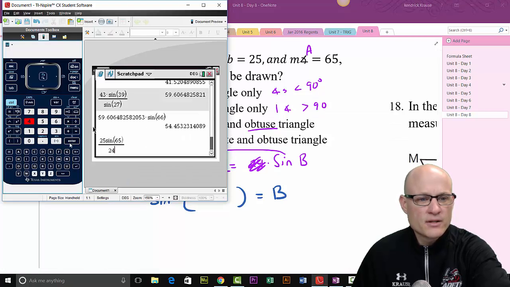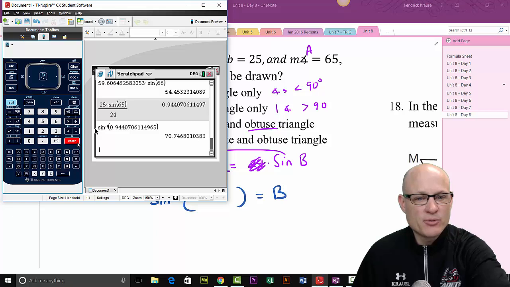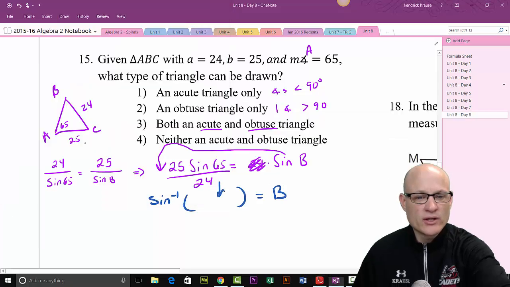Enter. And then we're going to take the sine inverse of that thing. And we get 70.746.